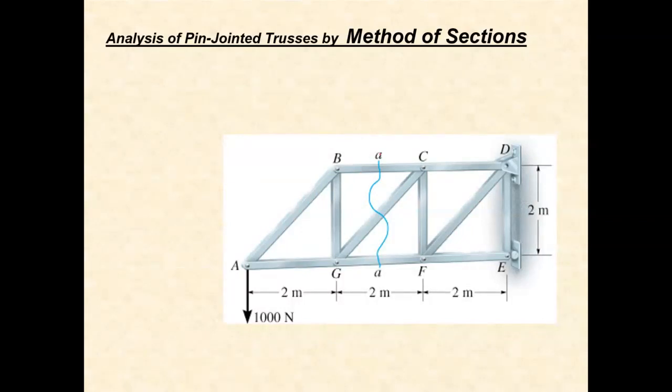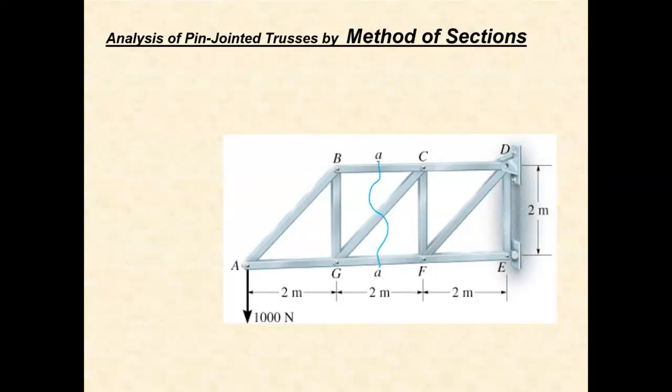So here I make a section. That section is AA. So this AA, how does that reduce my system? To split my structure into two separate diagrams, let me draw this for you.